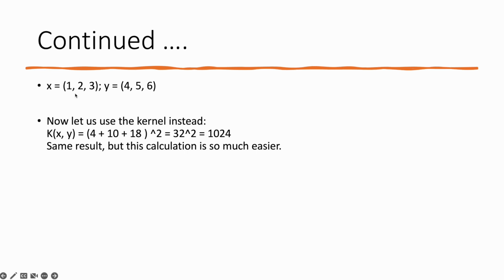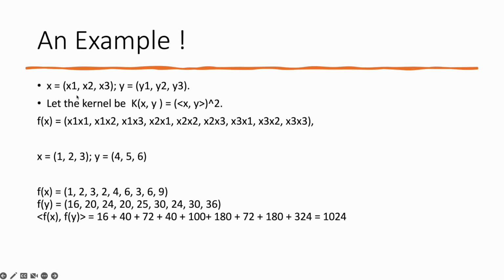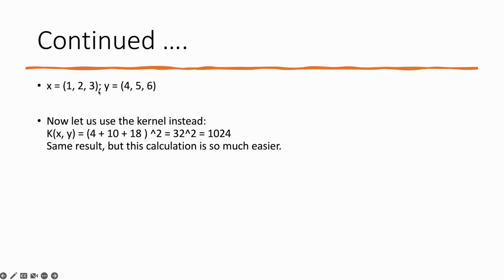That's what I was talking about with the kernel. We are not mapping x and y into a higher dimension. We are not calculating f(x) and f(y). We are still calculating the dot product in a higher dimension, but without explicitly mapping it.